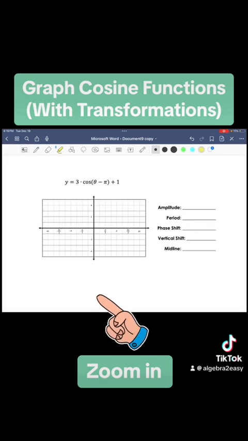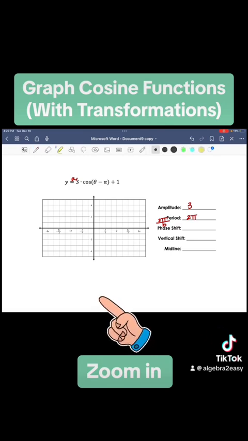First example, y is equal to 3 times cosine of theta minus pi, plus 1. Remember, your amplitude is going to involve a, and a here is 3. Your period is 2 pi divided by b, and remember, b is going to be in front of theta. So the period is going to be 2 pi divided by 1, which is just 2 pi.